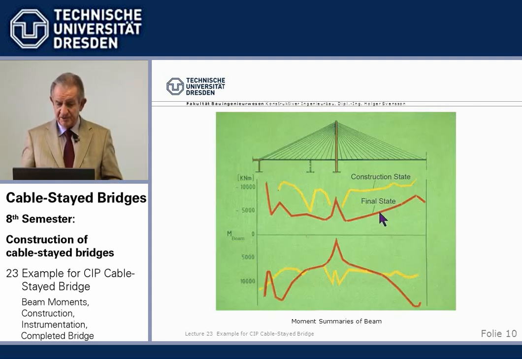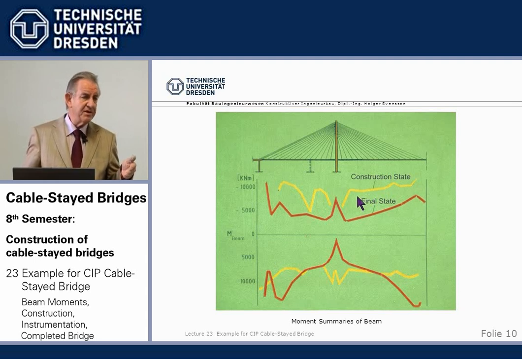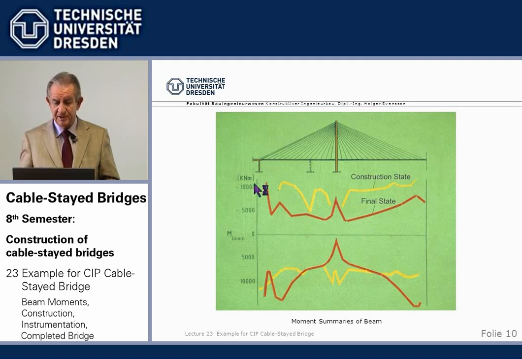When we have to design the beam in concrete, it means basically the reinforcement and or the post-tensioning. Then we have to take into account two principal loadings. First of all, in the final stage, when the bridge is completed, there we have that's 0 here.